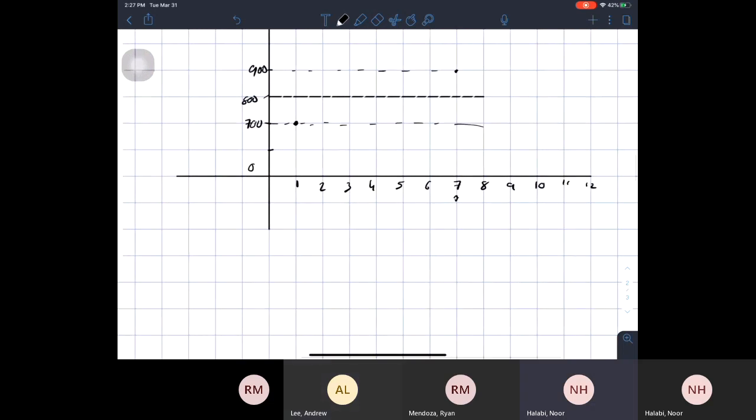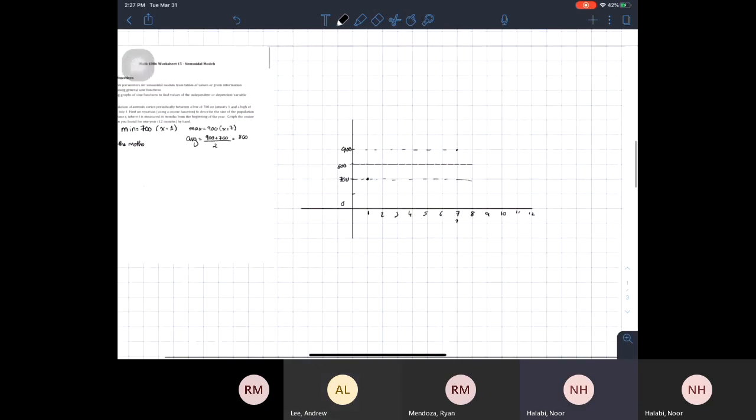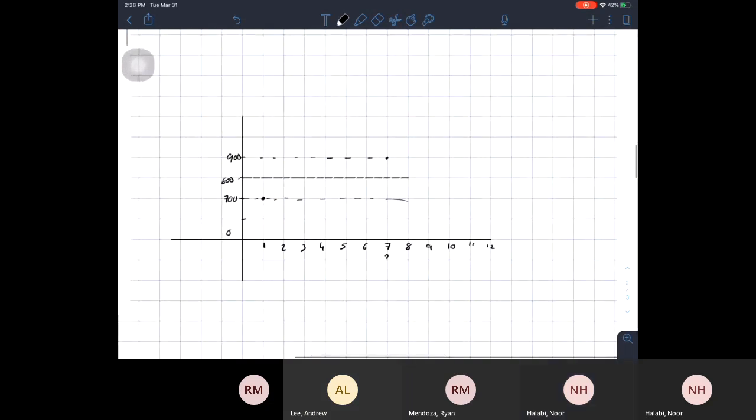So first of all, we need to figure out the amplitude. Well, let's start with what a regular cosine function looks like. It starts here at 1, amplitude of 1, and then 0, -1, and 0.